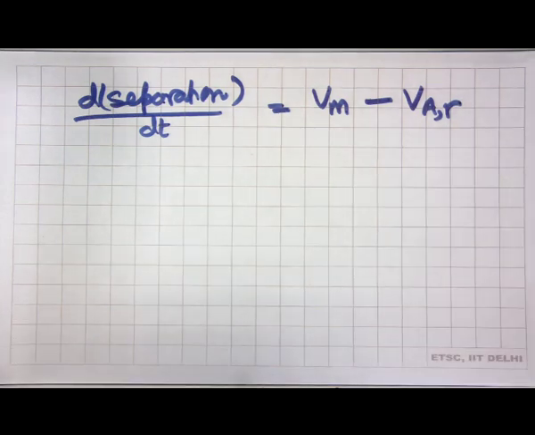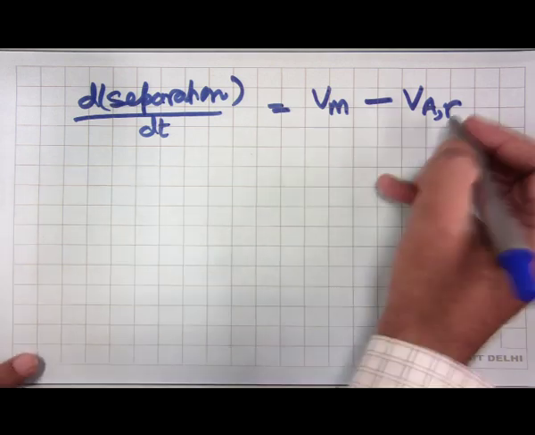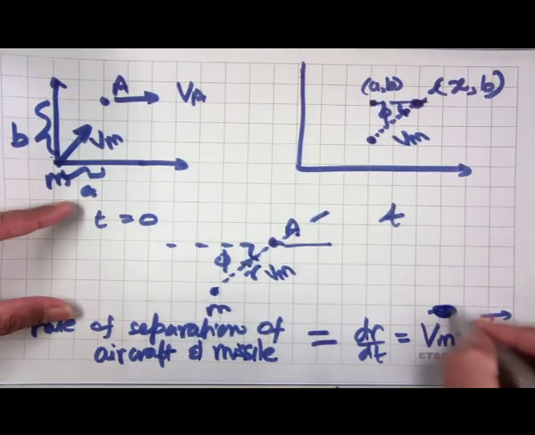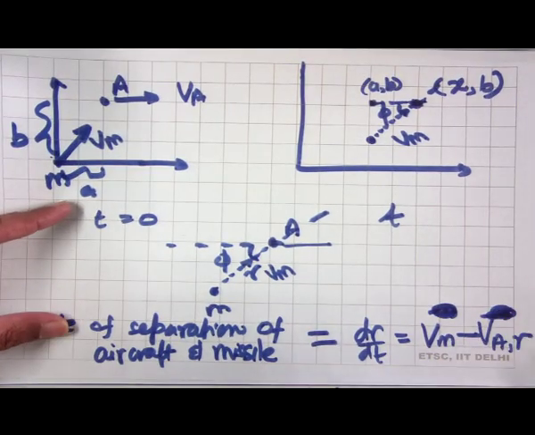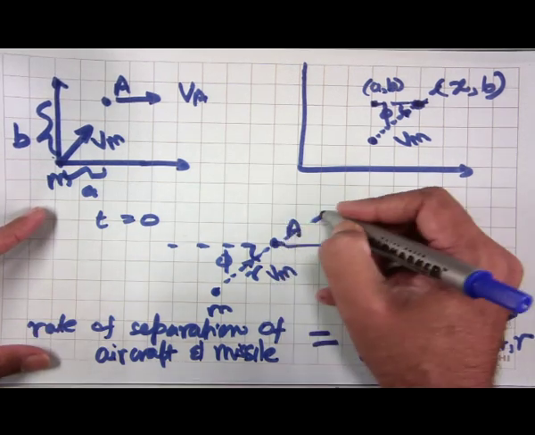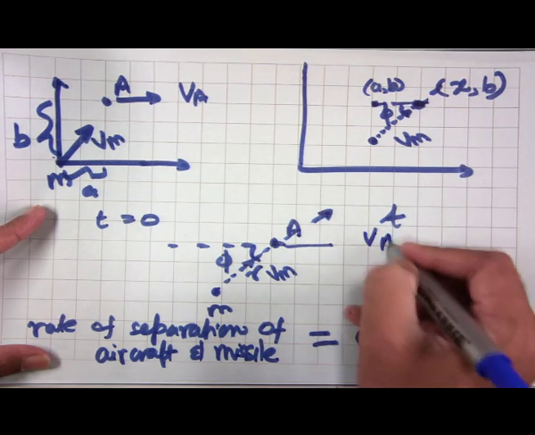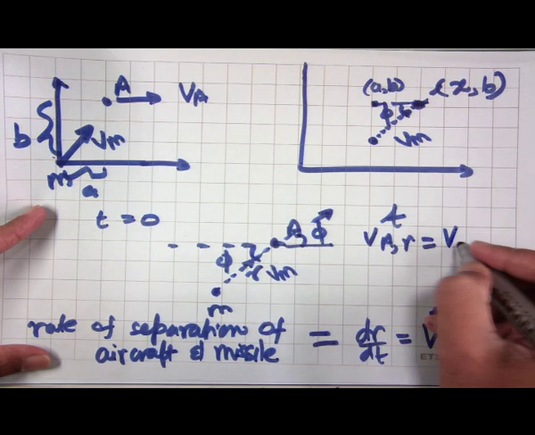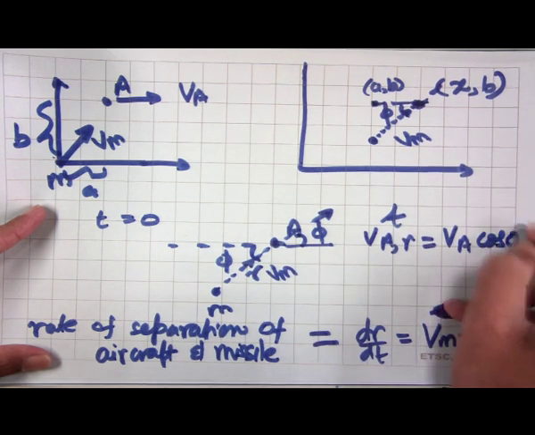And therefore, from the figure here, and in fact, here I should not have put the vector sign, so I am cutting them now, if we look at this figure, what we find is the velocity of the aircraft in the r direction, this angle is also phi. So, this will be equal to Va cos phi.